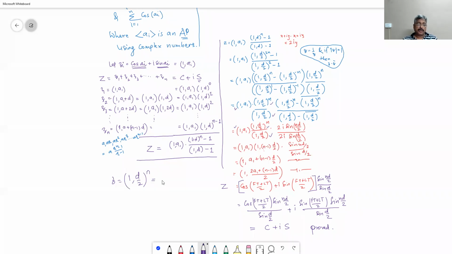This is going to be equal to cos nd by 2 plus I sin nd by 2. Correct? What is its conjugate? These two are conjugates of each other. So its conjugate is going to be cos nd by 2 minus I sin nd by 2. Right? So this is z and this is z bar, which is 1 comma d by 2 raised to minus n.